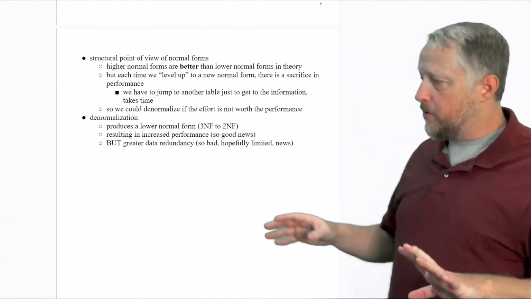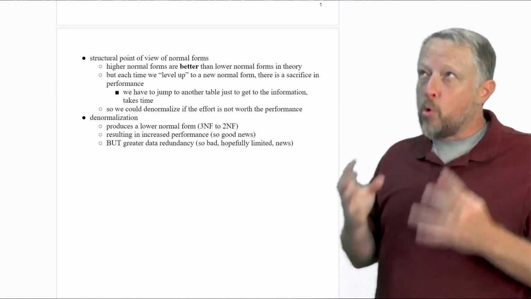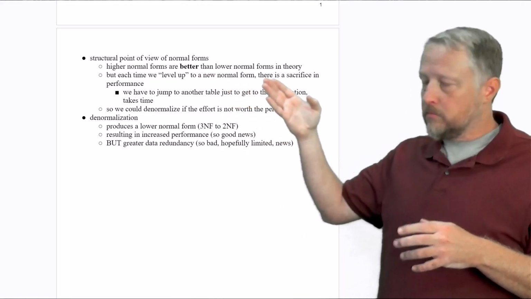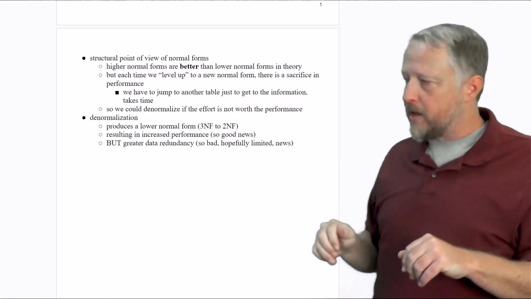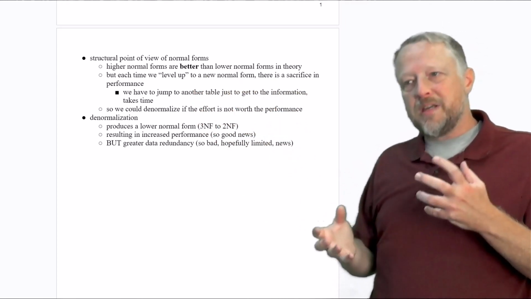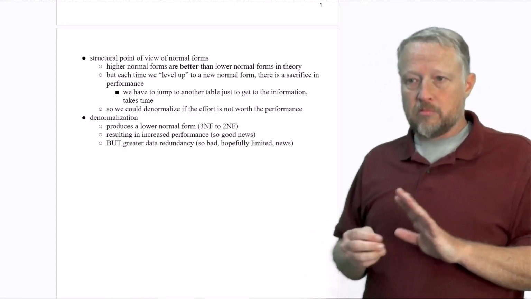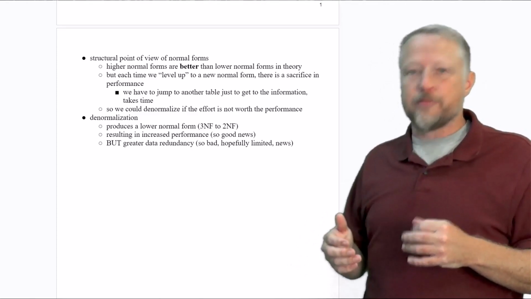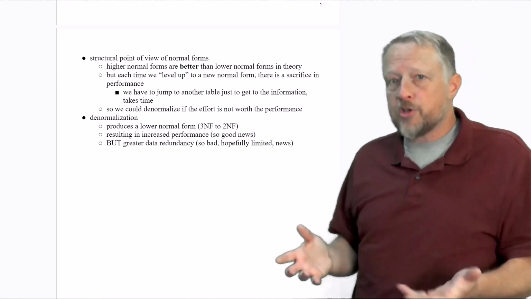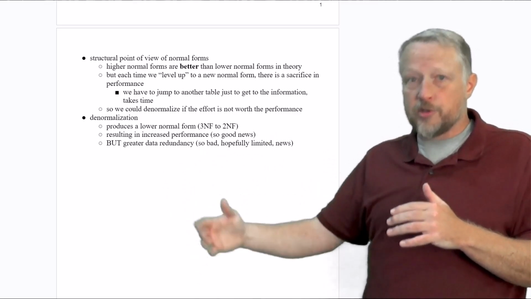Just to finish up, from a structural point of view, the higher normal forms are better than lower normal forms. We talked about that already. Each time we level up, there is going to be a performance issue. Now, if it doesn't happen all that often, that's negligible. But if we have something that happens often, it's very much like programming, where we're calling a function after a function after a function just to get somewhere.